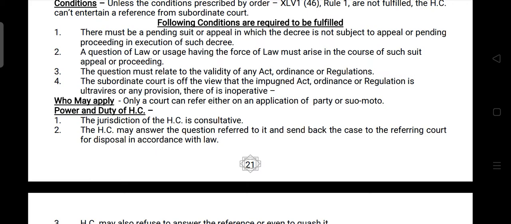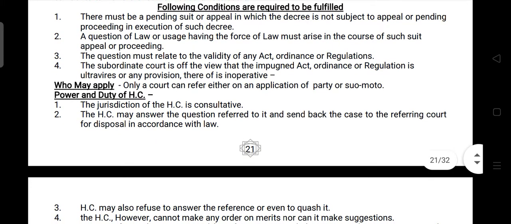Number 3, the question must relate to the validity of any act, ordinance, or regulation. Number 4, the subordinate court is of the view that the impugned act, ordinance, or regulation is ultra vires, or any provision thereof is inoperative in nature.